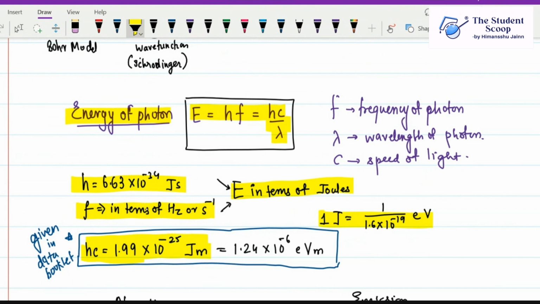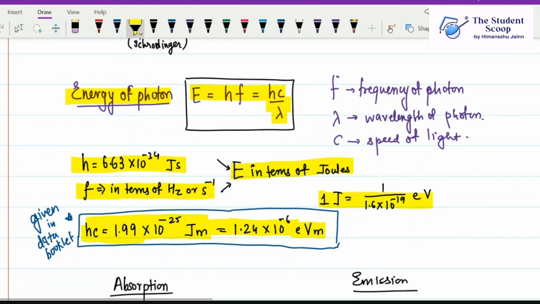But as mostly the energy asked for is in electron volts, instead of separately substituting the values of h and c, you substitute 1.24 times 10 raised to minus 6. You will directly get the value of the energy of a photon in electron volts, so you don't have to convert again later on. Okay, so those are the conversion factors which are given in the data booklet. You can use them. This is how we calculate the energy of a photon.